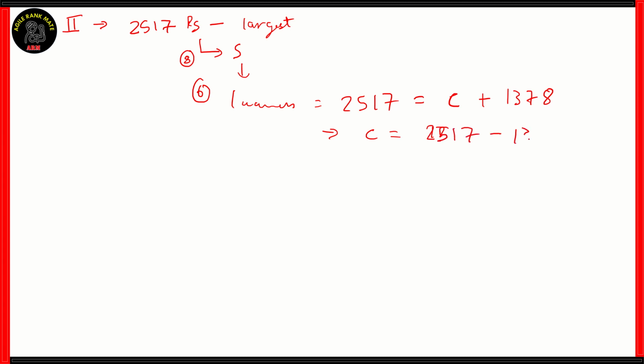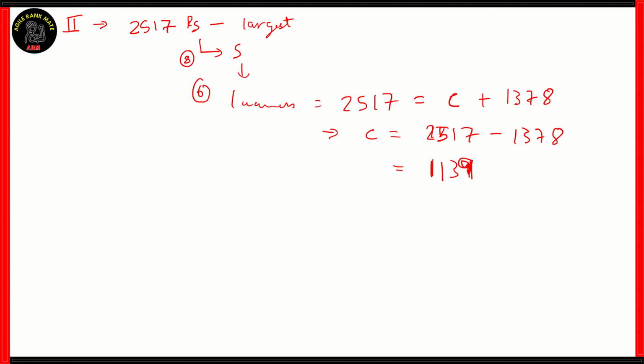2,517 minus 1,378. You do the subtraction. 7 minus 8 does not work, so it's 17 minus 8. That gives you 9. There's a 0 here, so you have to add a 10. So that becomes 10. 10 minus 7 gives you 3. 4 minus 3 gives you 1. 2 minus 1 also gives you 1.